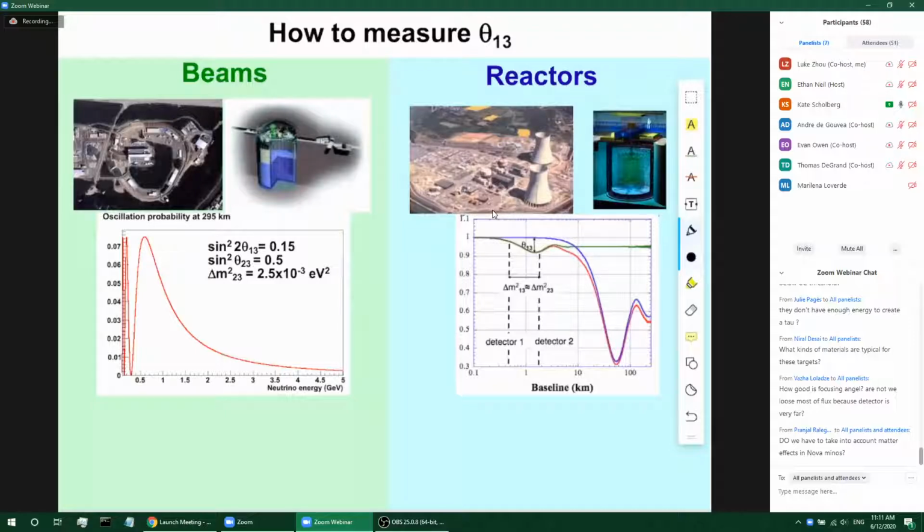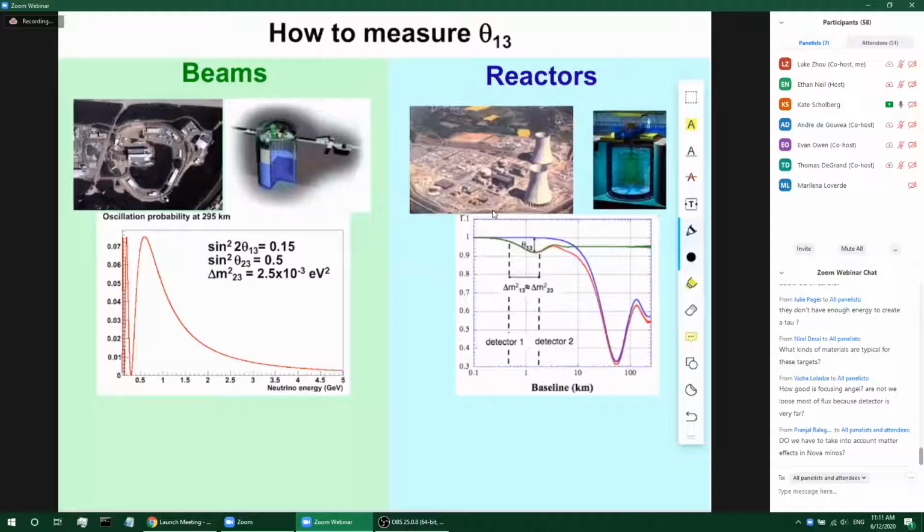There are beams. You can look for appearance in a beam. So there are effects from a non-zero theta 1,3 in the three-flavor context that give you a little tiny appearance. So it's maybe a 5-ish to 10-ish% level effect modulation that would give you a little bit of extra nu e popping out of a beam of nu mu on a long baseline beam scale.